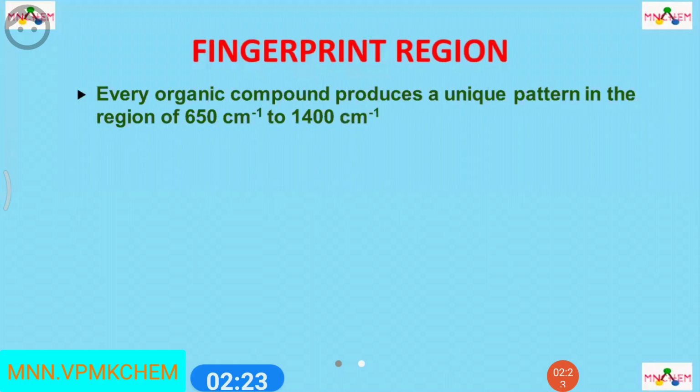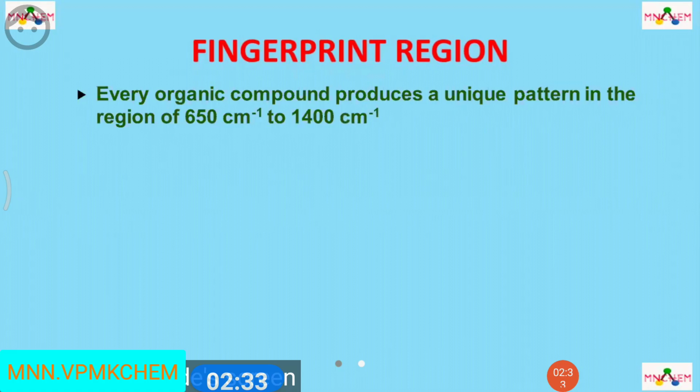This can be divided into two parts. One region which is on the right hand side from 1400 to 650 per centimeter, and another is 4000 to 1400 per centimeter, which is on the left side of the spectrum.